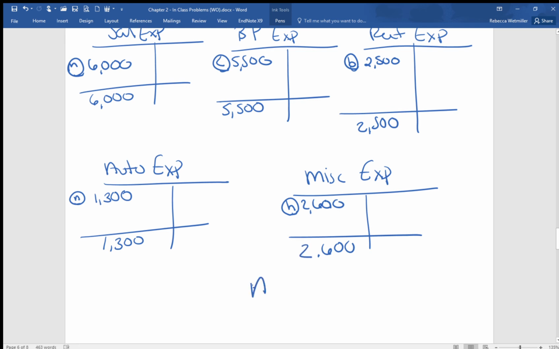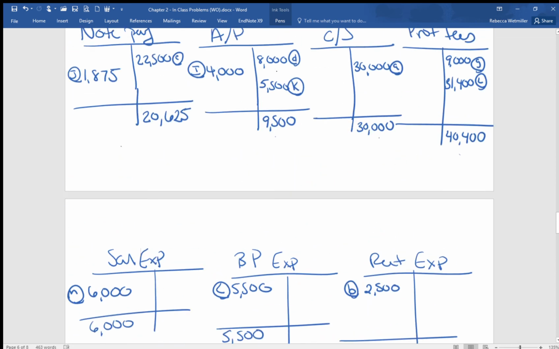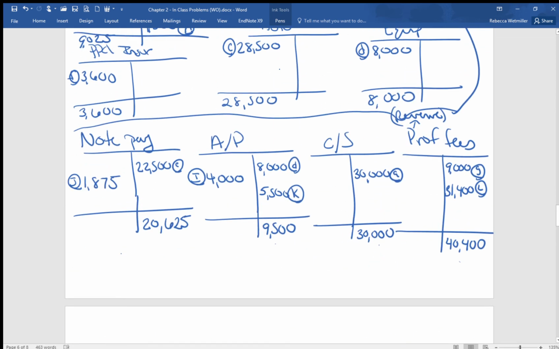So if I do my assets plus my liabilities plus my stockholders' equity, I get the same 82,625. And this makes sense because we know assets has to equal liabilities plus stockholders' equity. So for both of them, I got the $82,625.